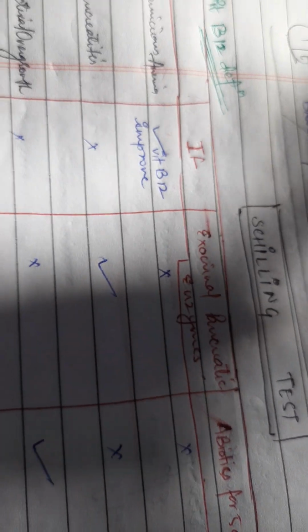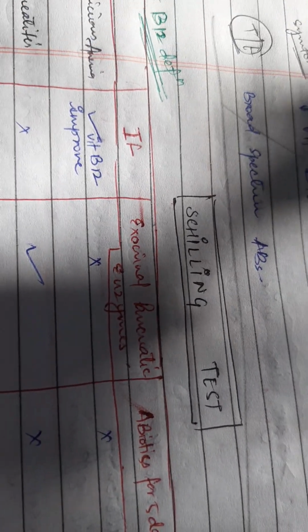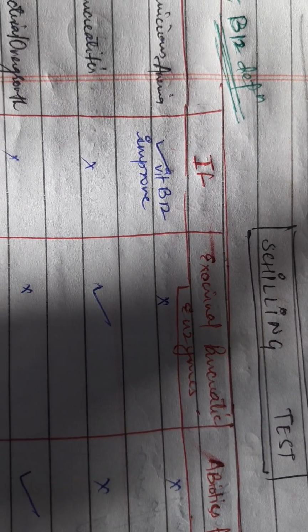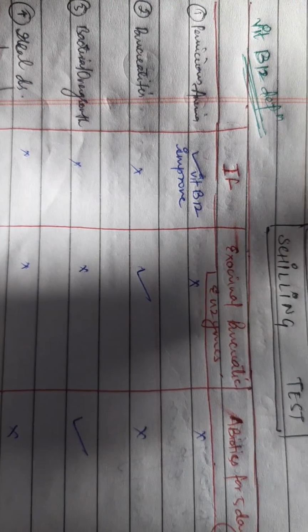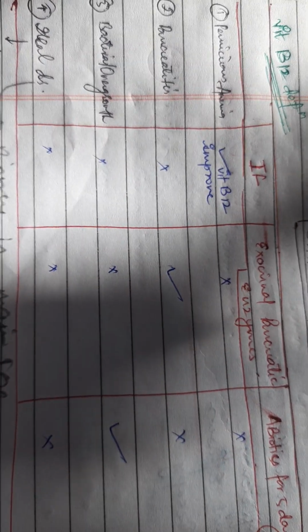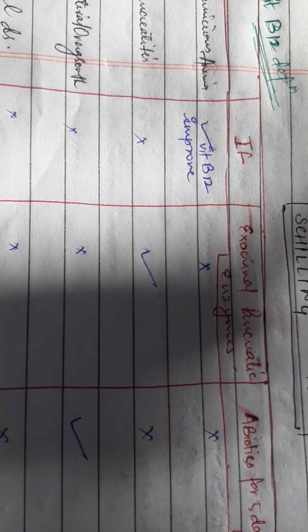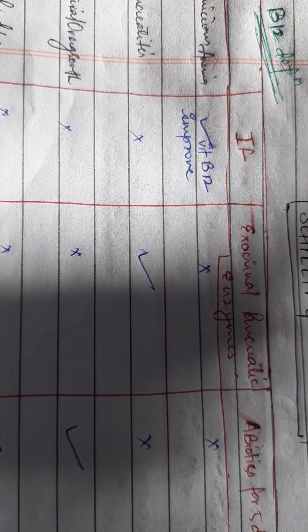Schilling test is a test for vitamin B12 deficiency. Here in these 4 cases vitamin B12 deficiency may occur. So first we will give the patient intrinsic factor.